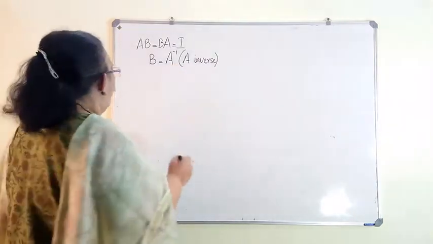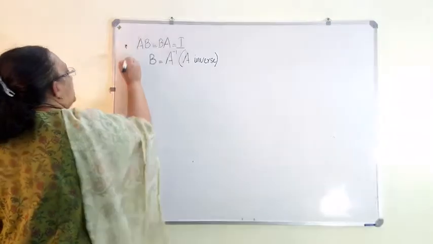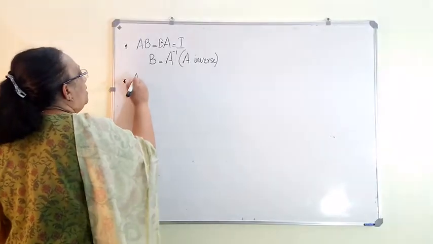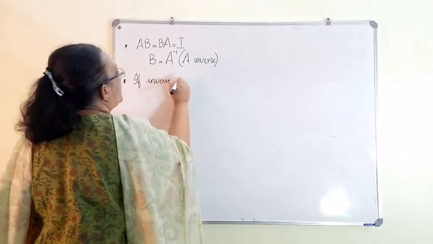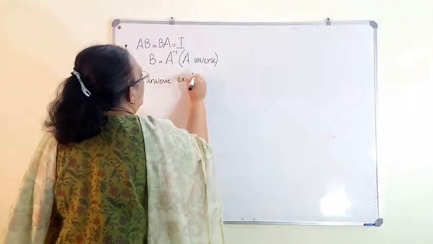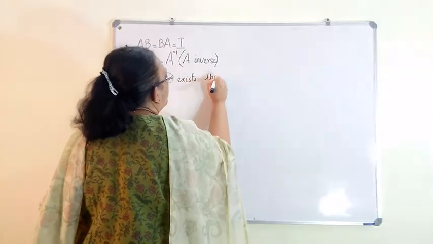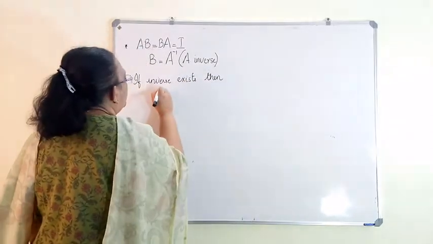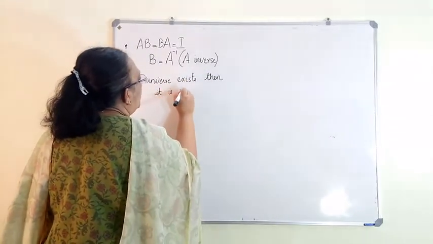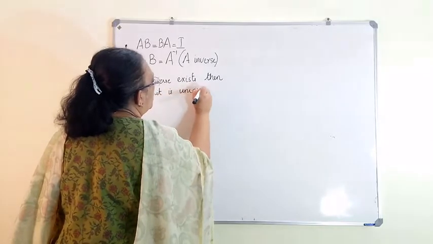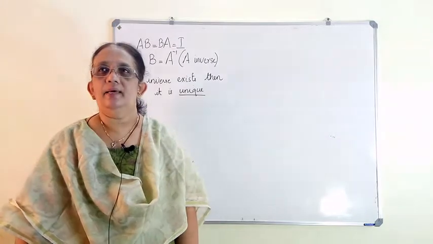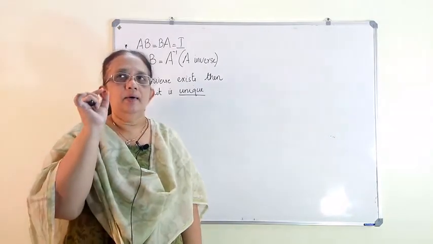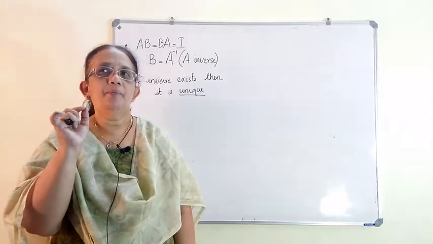Now, second property is that if inverse exists, then it is unique. So there is a key point in that property.